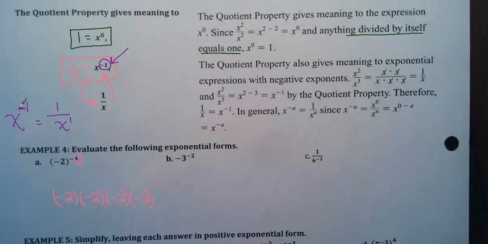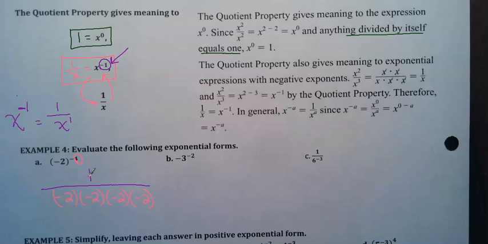So instead of having negative 2 times negative 2 times negative 2 times negative 2 as my problem, it needs to be in the denominator with a 1 in the numerator. Okay, the negative means it's in the wrong place. You can have a negative exponent in the denominator, and that will mean to move it to the numerator.